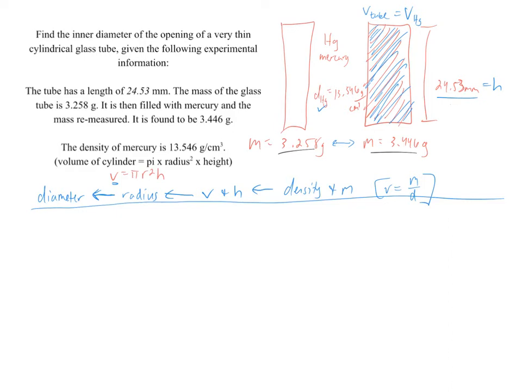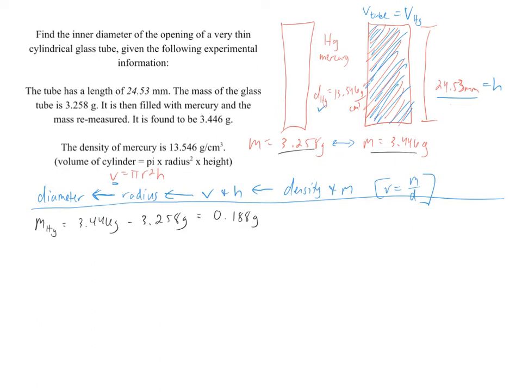So the mass of the mercury: we take 3.446 grams, subtract from that 3.258 grams, and we get 0.188 grams. That's already rounded to the appropriate sig figs. So now we can take this value and divide it by the density.